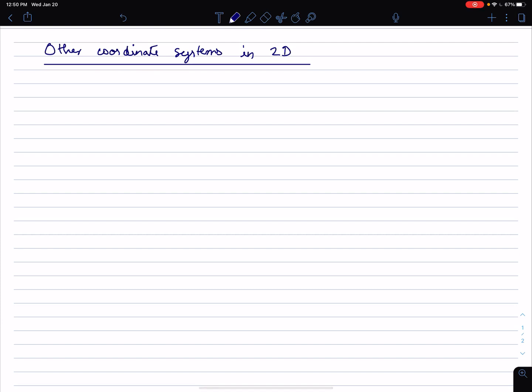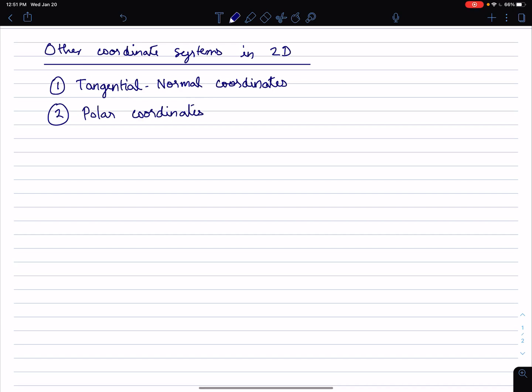So the two coordinate systems that we are going to look at are one, tangential normal coordinates, and two, polar coordinates. Okay, and these are both 2D coordinate systems, as I mentioned here.